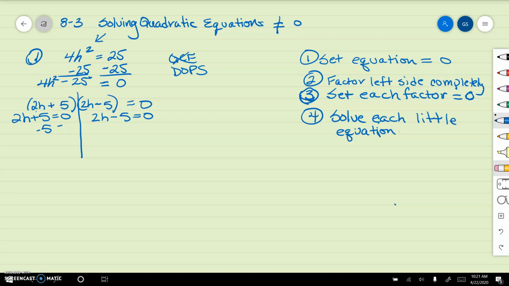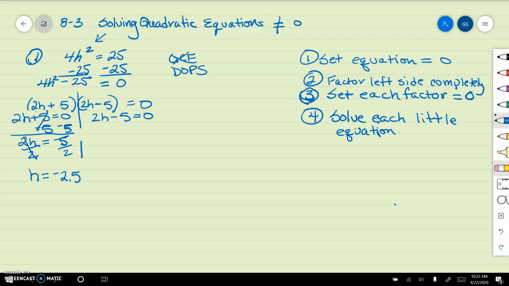So subtract 5 on both sides, and you get 2h equals negative 5. So now we're trying to get the h alone, by the way. We divide by 2 on both sides, and we get h equals negative 2.5.